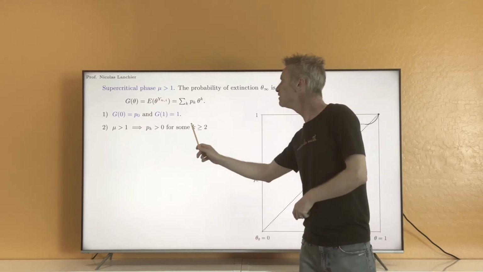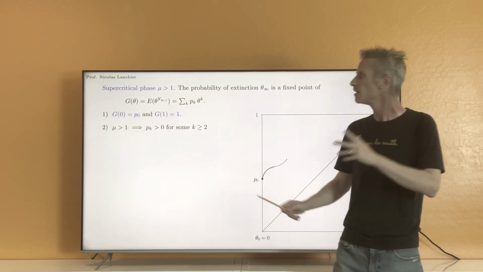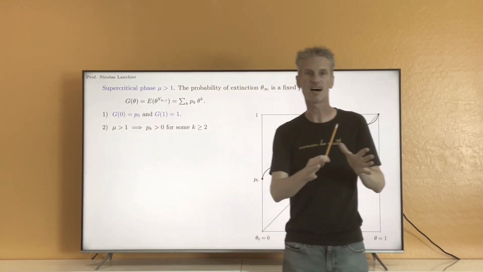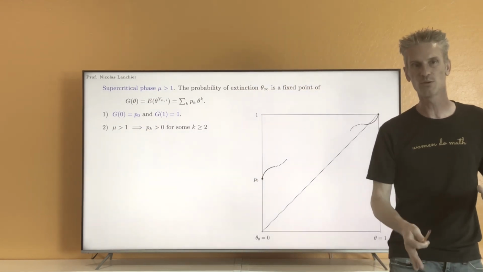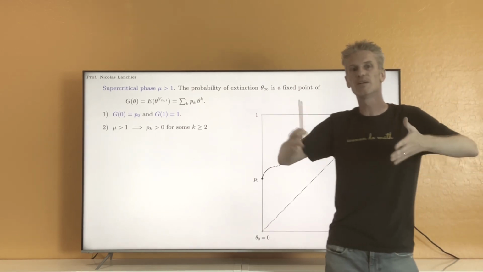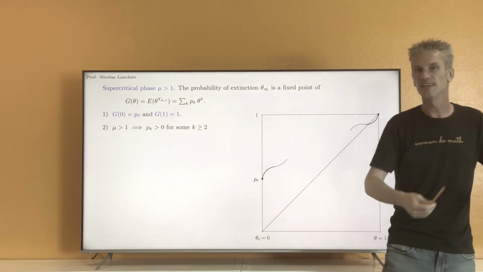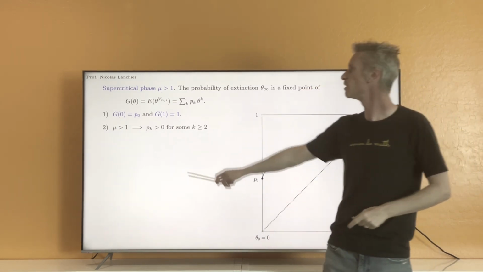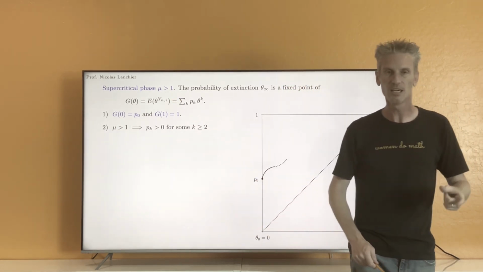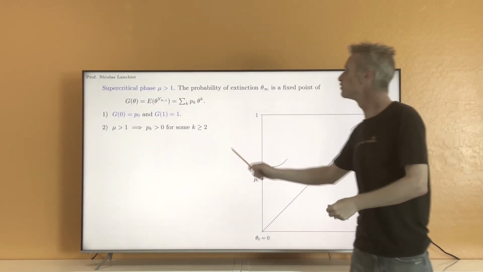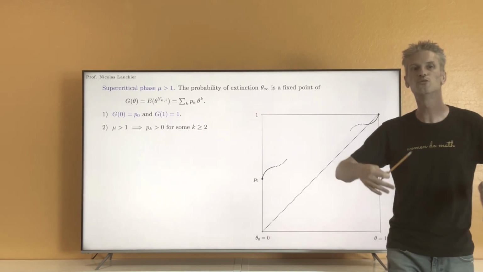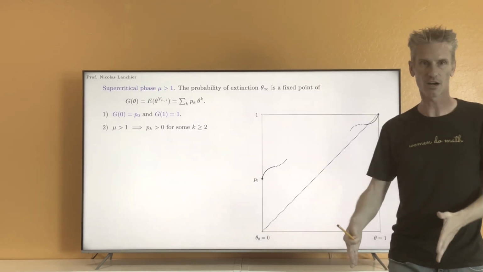Okay? If it's not the case, that would mean that the only two pk's that are strictly positive are p0 and p1. But if only p0 and p1 are strictly positive, then mu again should be less than or equal to 1. But we assume mu is strictly larger than 1.